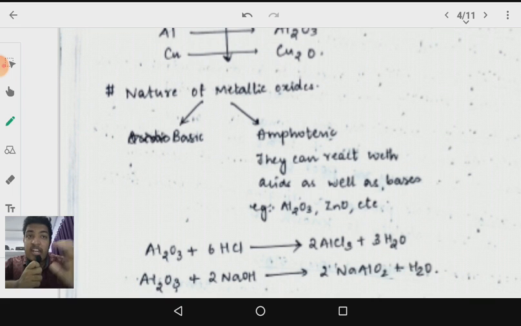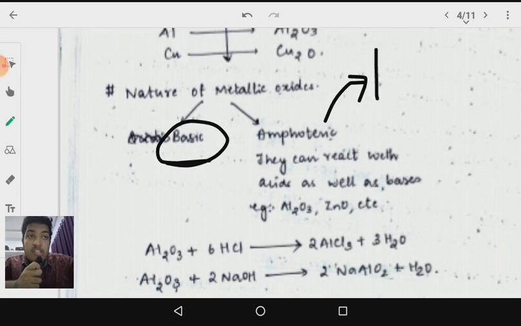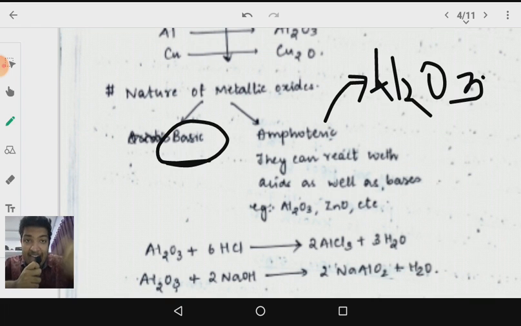So here also we are discussing the same thing, that metallic oxides are generally basic in nature, whereas we have some exception, that is aluminium oxide Al2O3, which can react with both acids as well as with bases. That is why they are considered as amphoteric substances.